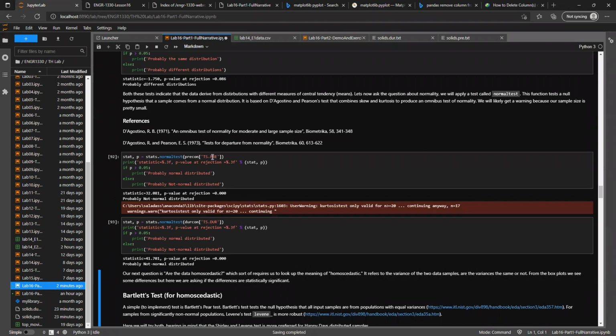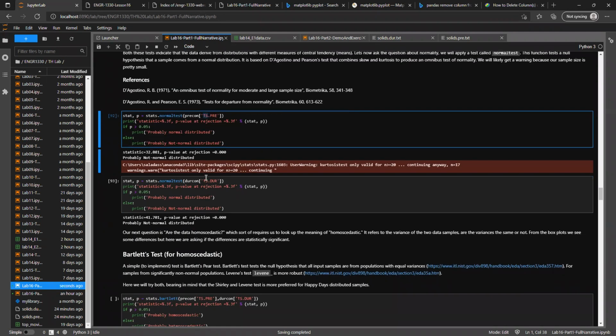Okay, so the normalcy test on the total amount of solids beforehand is probably not normal. And the normalcy test on the total solids during is also probably not normal. And they were rejected pretty strongly.